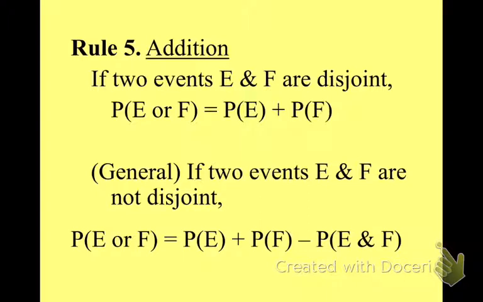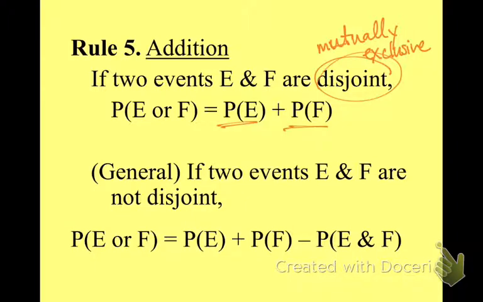The next rule is the addition rule. If 2 events are disjoint, another word for that is mutually exclusive, then the probability of E or F, you just add those 2 together.